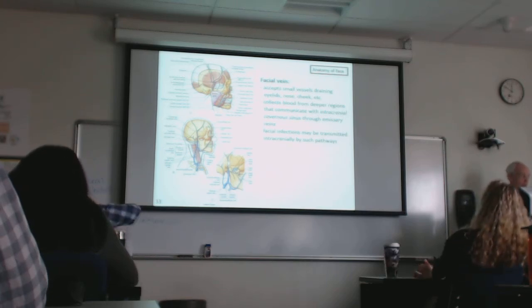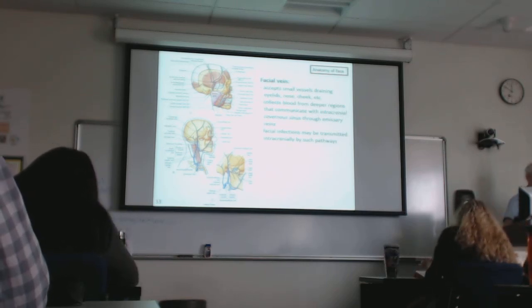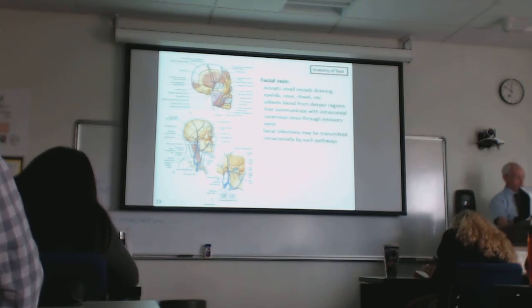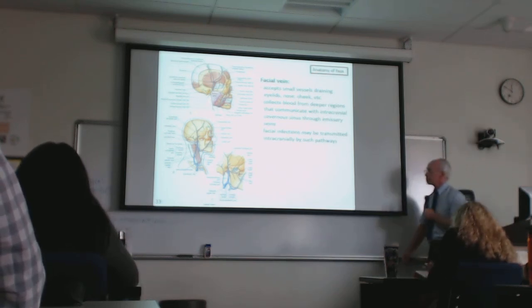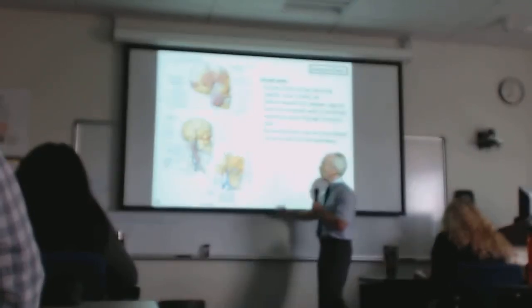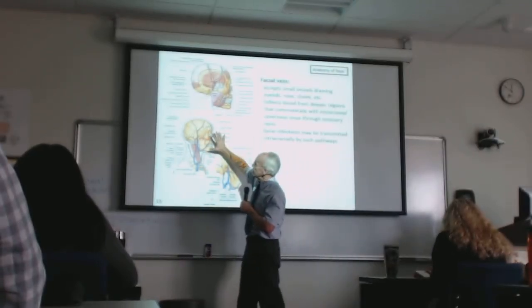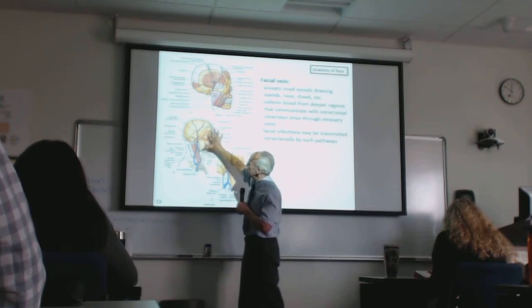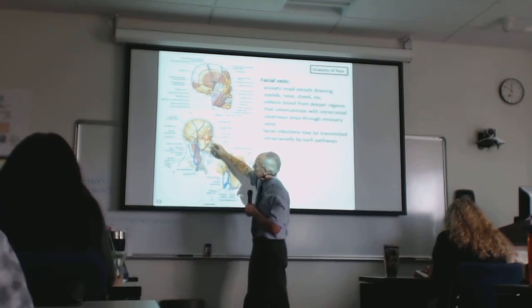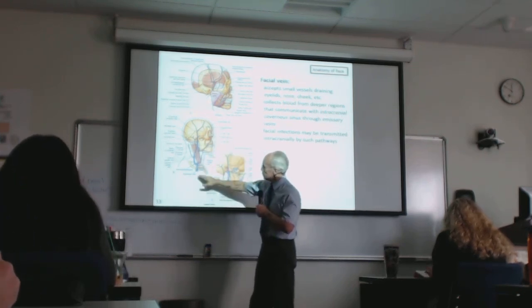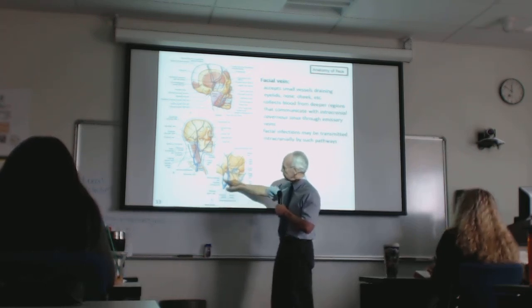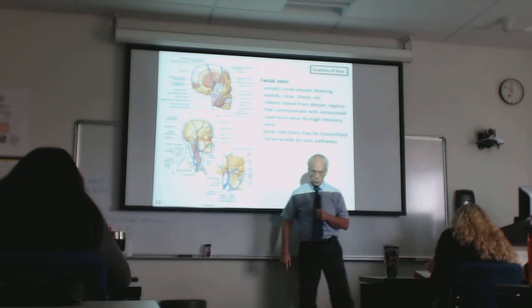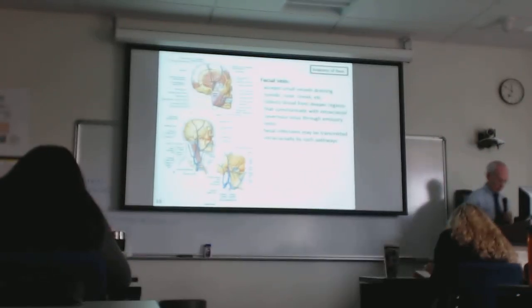And all of these eventually will empty into the external jugular. So for the most part, all of the veins of the scalp and of the visceral cranium and so on, externally will eventually end up in the external jugular. It's just that this region has a rather peculiar organization.